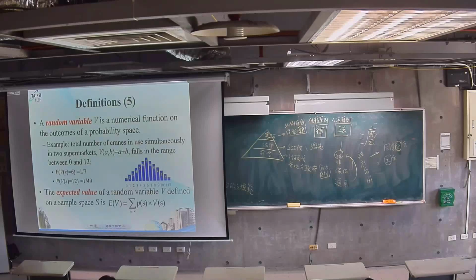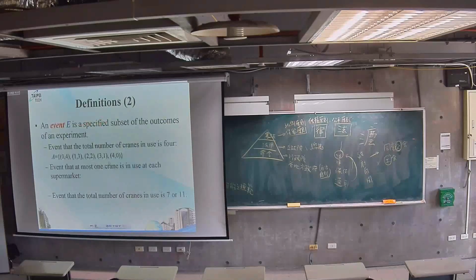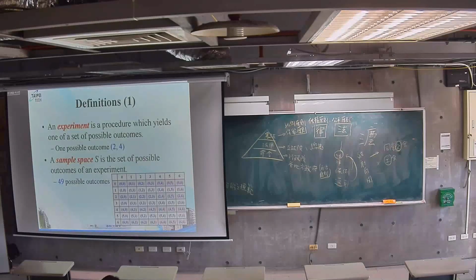On the other hand, if we look at this one, there's only 1 outcome for this value when the total number of crayons in use is 12. The probability will be 1 over 49 because there is only 1 outcome.